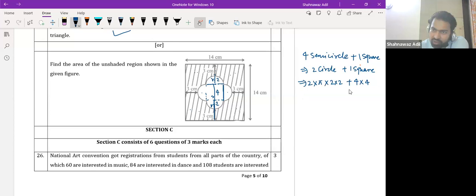So this is 8 pi plus 16. So 8 is common, and pi plus 2. So pi is 3.14 plus 2. So 8 into this is how much? 28 and 6. So this would be the answer.